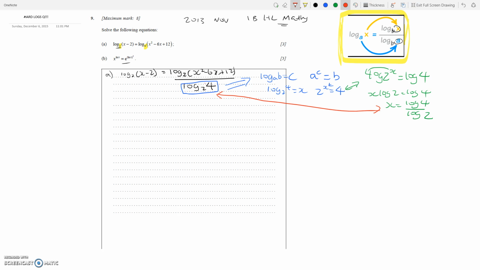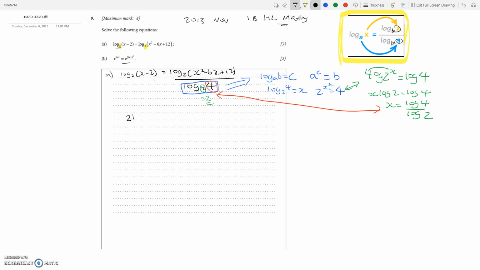It's log of this thing divided by log of this value. So in this case, this equals 2, as 2 to the power of x equals 4, therefore x equals 2. So we can rearrange this as this times this equals that.